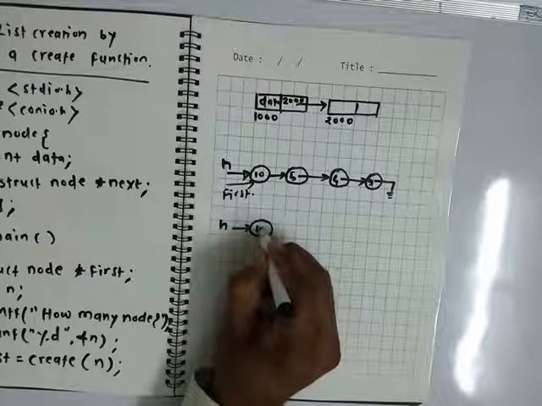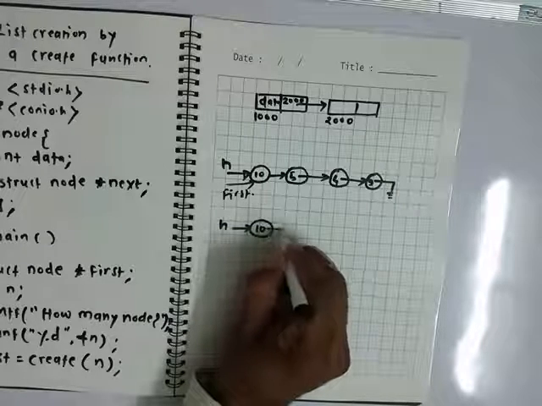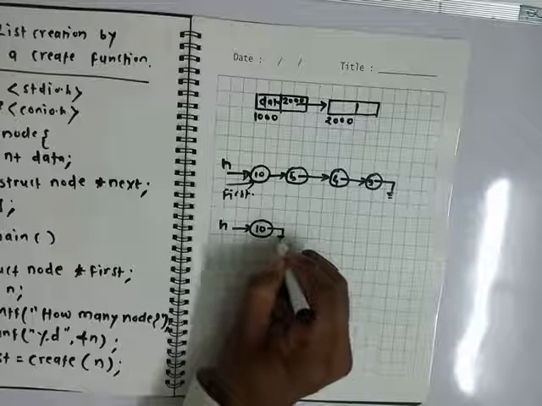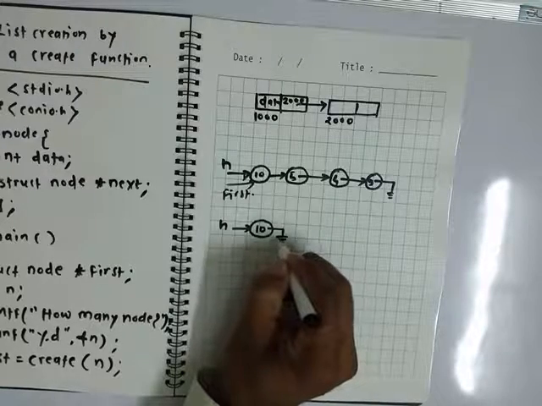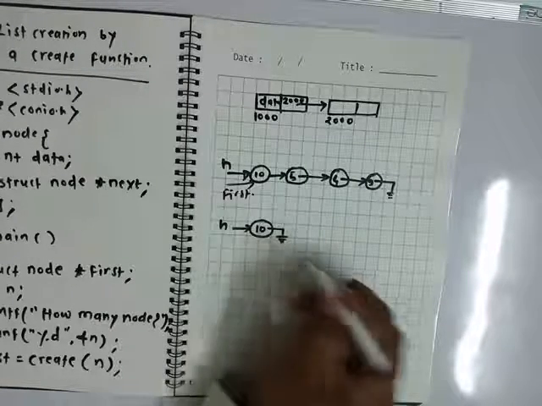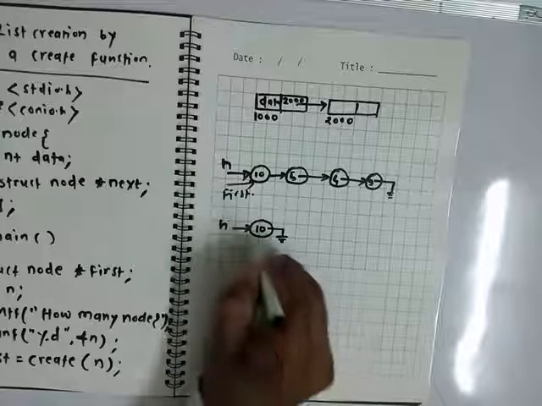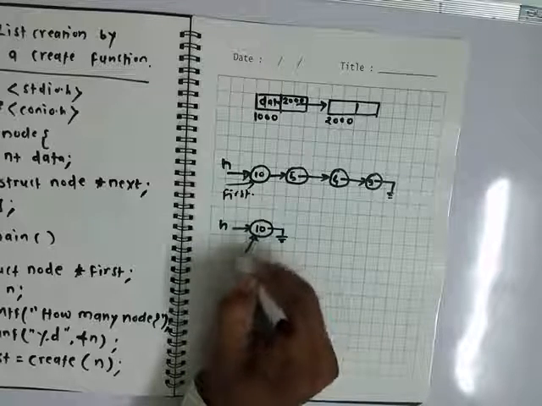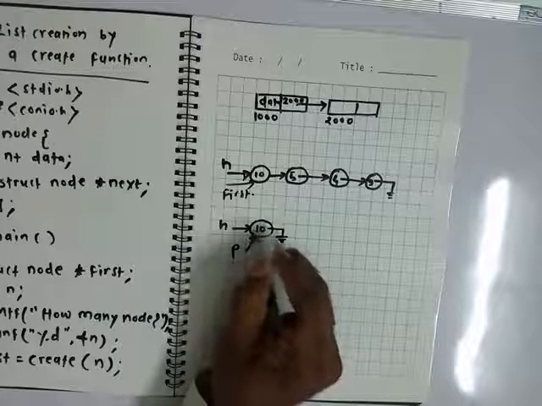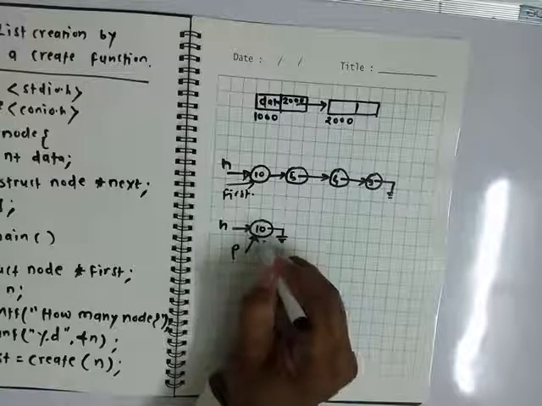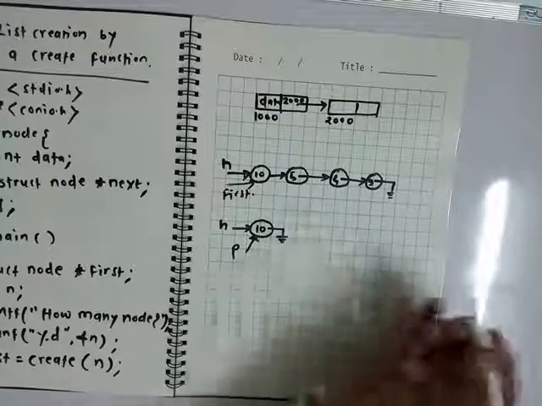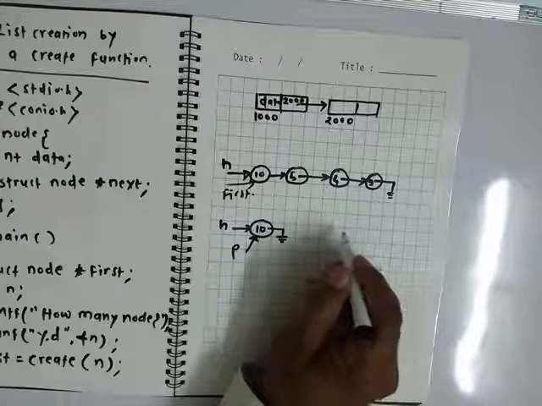For example, the data in the first node is 10, I'll read that, and as there is no node yet, there is no next node, I'll point the next pointer to null. In fact this is the symbol of null, right? Then I'll take one pointer called p. I'll point that pointer p to the first node, or where h is pointing to, and I'll use this p to create the entire remaining linked list.